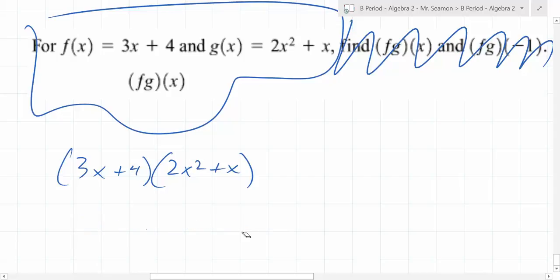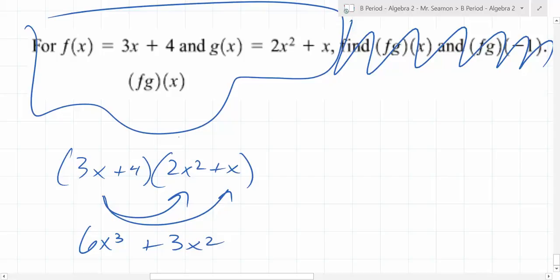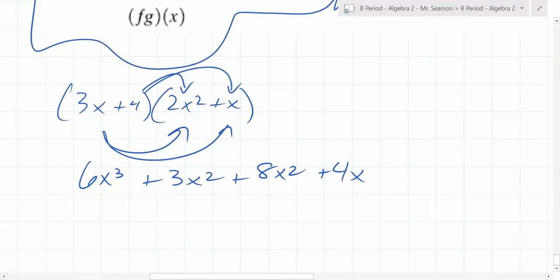We need to do this carefully. What's 3x times 2x squared? Cubed. What's 3x times x? 3x squared. 4 times 2x squared? 8x squared. And this times this is? Are there things we can combine? 6x cubed plus 11x squared plus 4x.